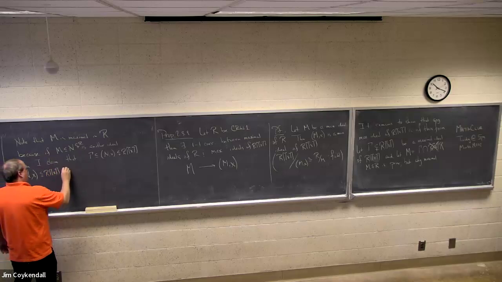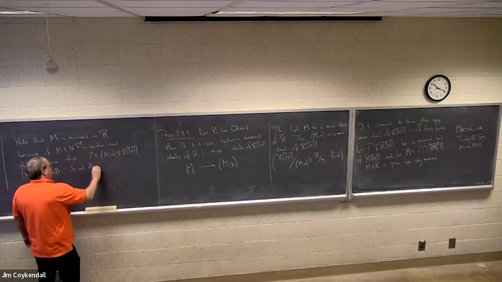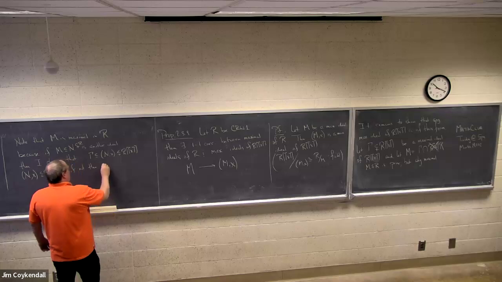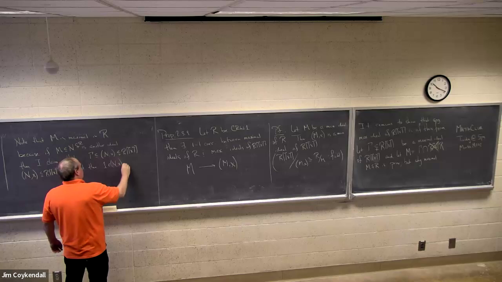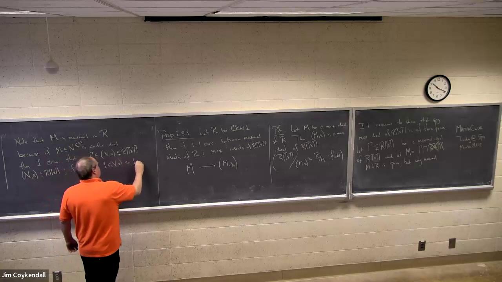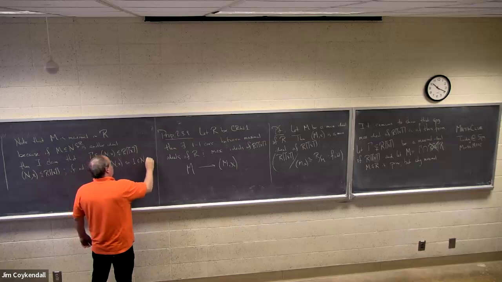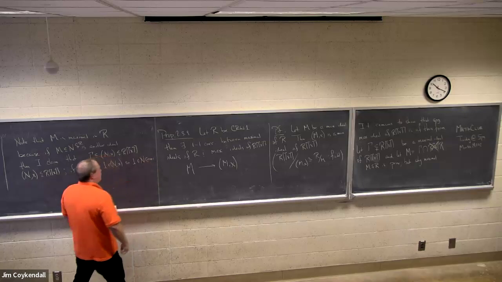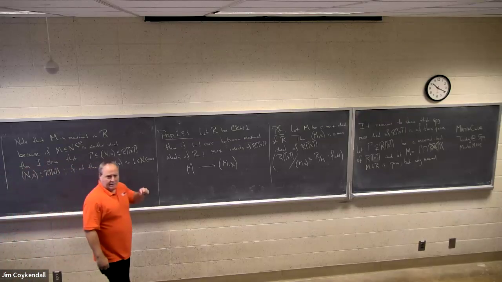Because if not, then 1 is in (N, x). So 1 is in N. Why this containment here?